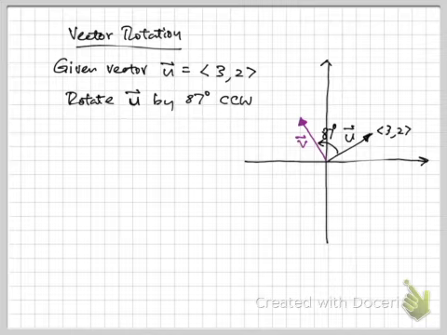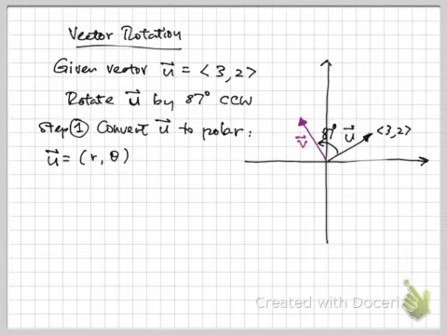Well, in this case, we cannot use the rectangular coordinate and do this slope exchange to help us find out what the rotated vector is. In this case, we have to go through the conversion to a polar vector and then a polar representation, and then do the rotation, and then find out what the final vector is going to be. Okay, so step one, let's convert u to polar, and pause and then check our answers.